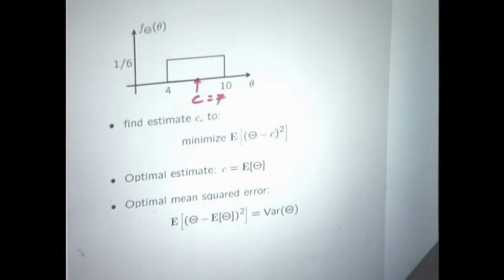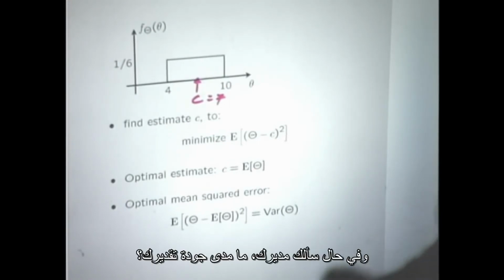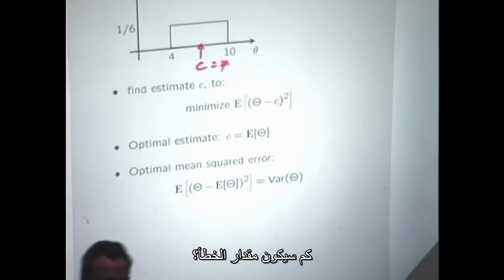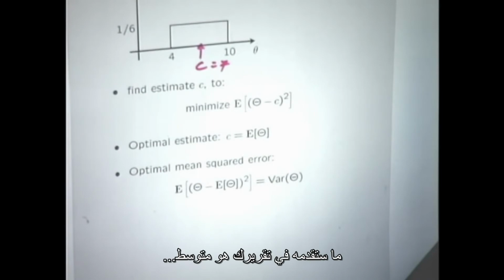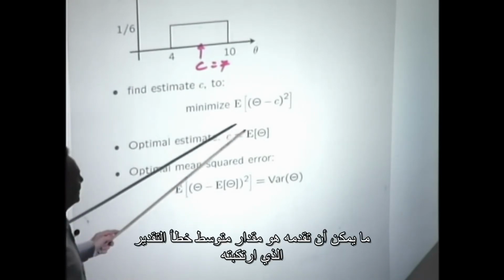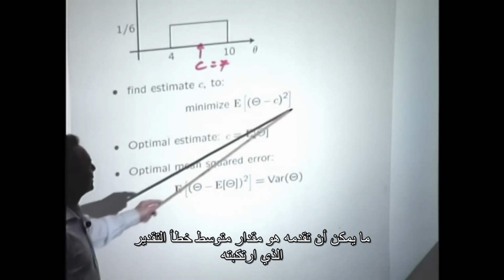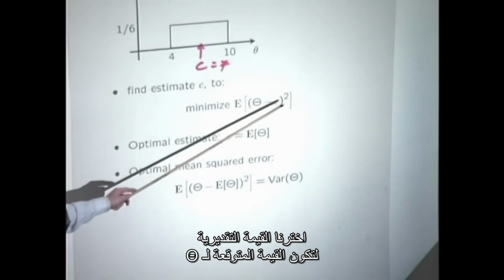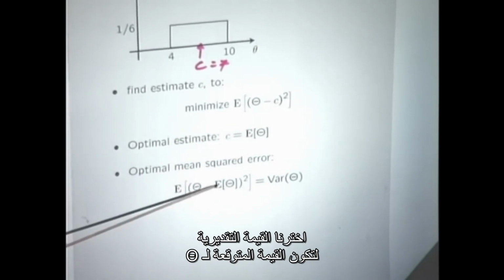Okay. And in case your boss asks you, how good is your estimate? How big is your error going to be? What you could report is the average size of the estimation error that you are making. We picked our estimate to be the expected value of theta.